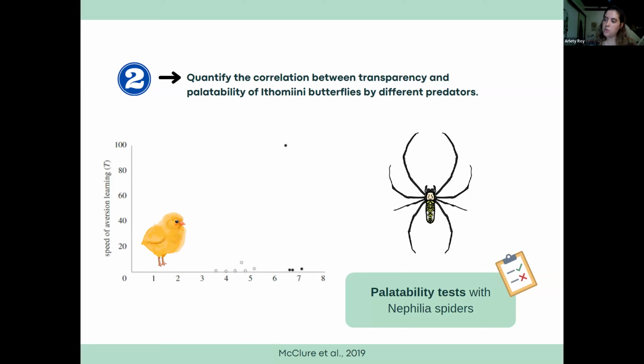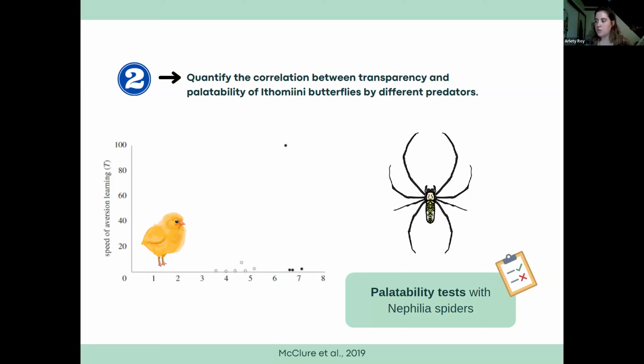But if transparent Ithomiini are less toxic for another type of predator, it could explain the need for a more cryptic defense strategy. So to determine if transparent species are less well protected against arthropod predators, we tested those same 11 species of Ithomiini, plus one non-cryptic and non-toxic butterfly called Cissia proba, using wild Nephila spiders.